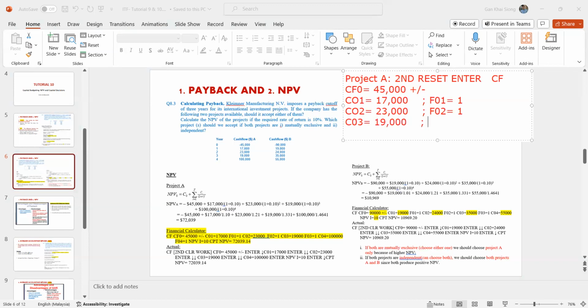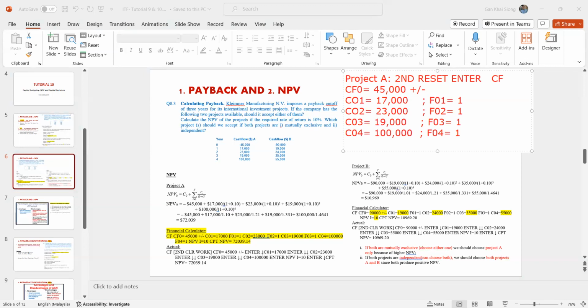And how many times you receive this? Frequency is also 1. C04, the cash flow you receive in year 4. How much you receive? 100,000. And frequency is also 1.